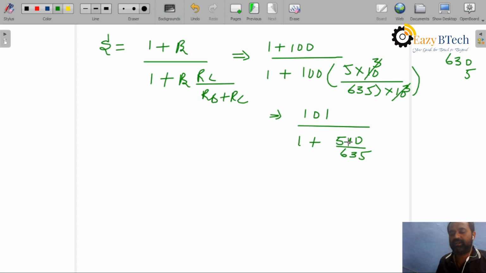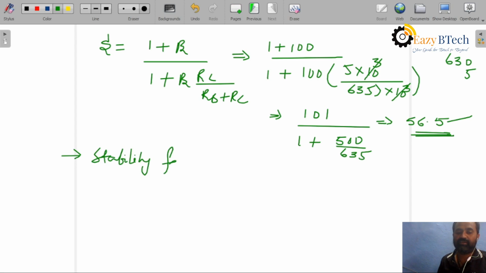Now by taking this value into consideration, you will get 56.5, the stability factor for base collector bias.